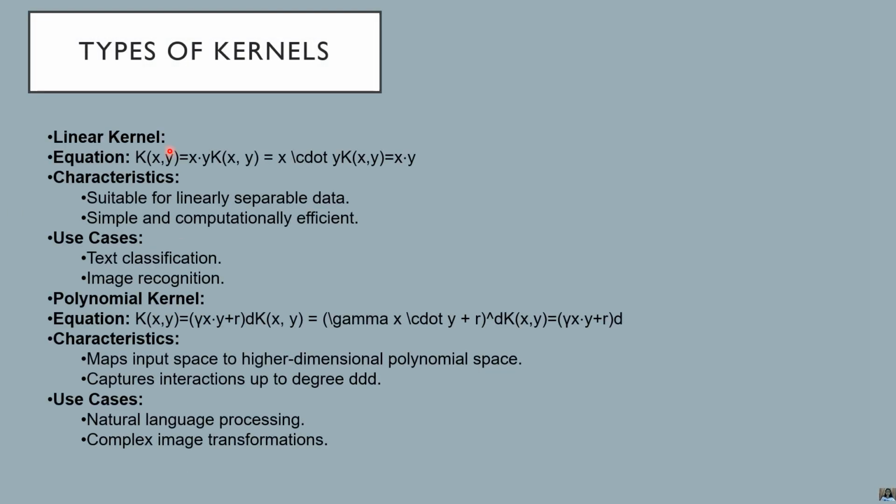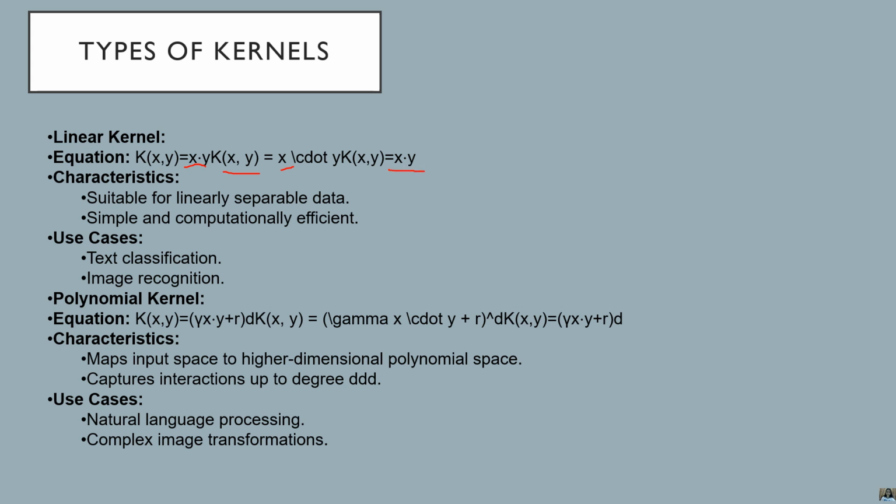Moving on to the types of kernel, we have the linear kernel. Let us see the equation of the linear kernel: K(x, y) = x · y.